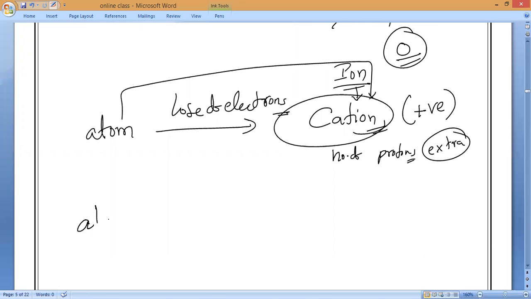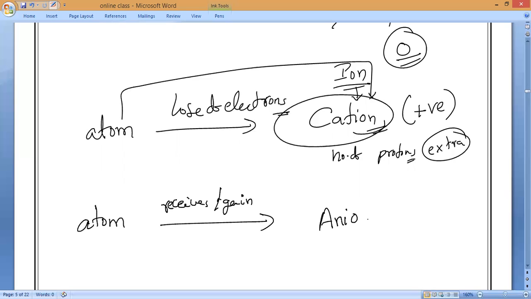If any atom receives, or gains, electrons, then it turns into negative charge. What is the negatively charged ion called? Anion. Here the number of electrons is extra. Does everyone understand? Please respond.